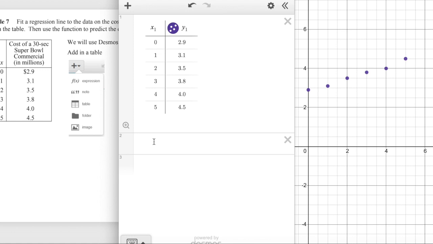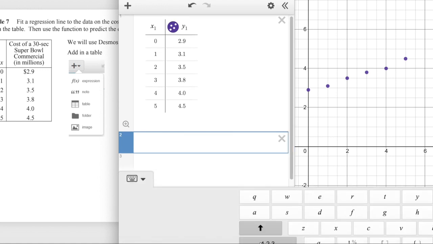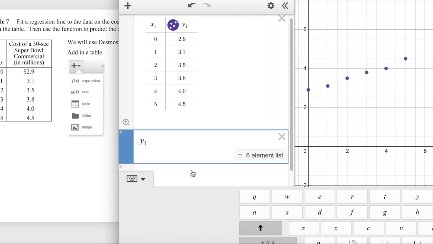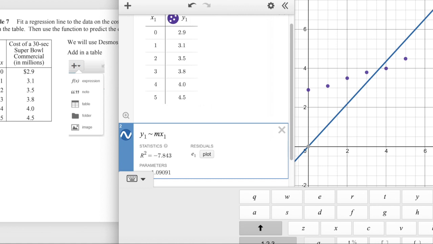In my second piece here, I'm going to click into another line, and I'm going to start typing in, using my ABC, y, and I'm going to use the A sub B button, sub 1. I'm also going to put my arrow over and use the little tilde button, and put m x sub 1, put my arrow to the right, plus b.